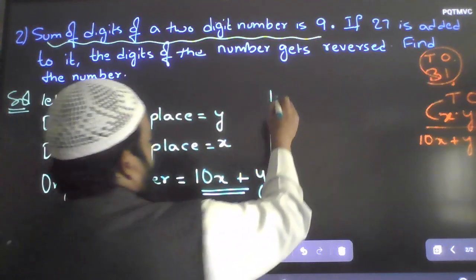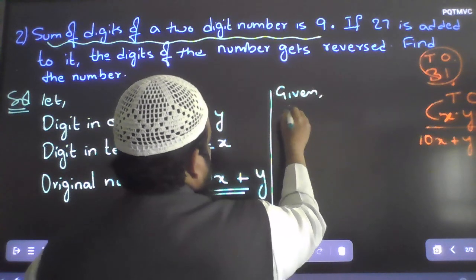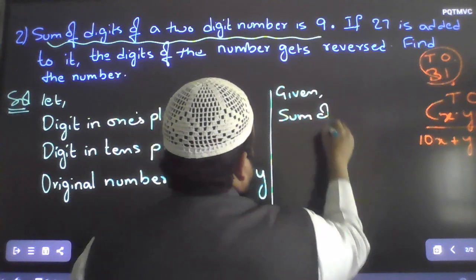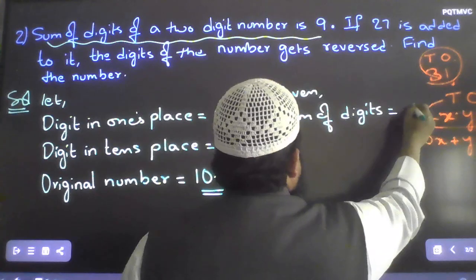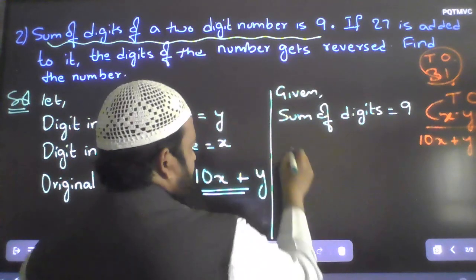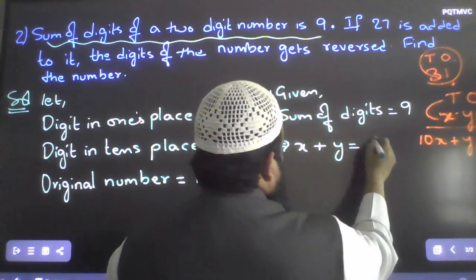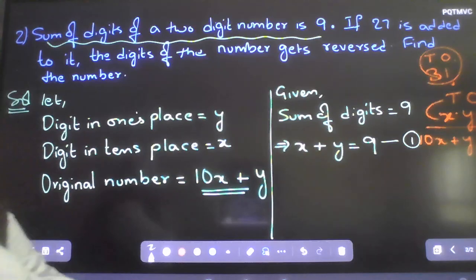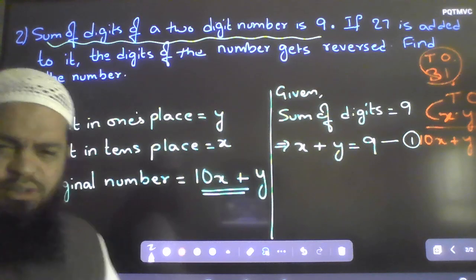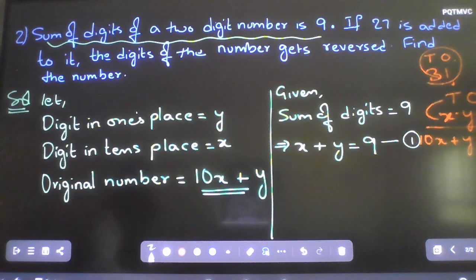So given sum of digits is equal to 9, that implies x plus y is equal to 9. This is our first equation. Do you understand, my dear students? Sum of digits is equal to 9.